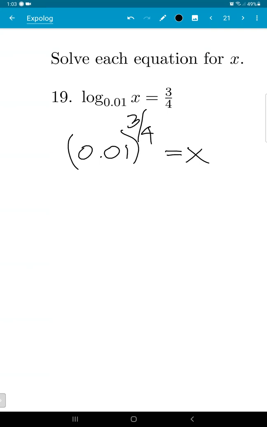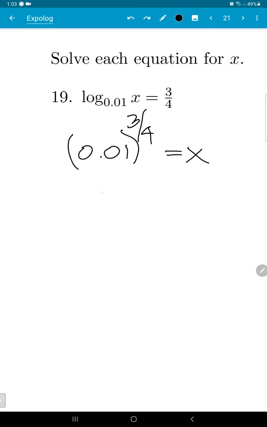And that means solving for x is equivalent to just evaluating this number here, which you can do by using your calculator, but manually you will have to convert that to radical form. So that 4 denominator gives us the index of the radical, with 3 as the exponent of the base 0.01 here.